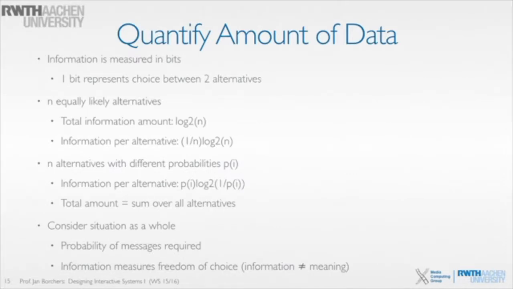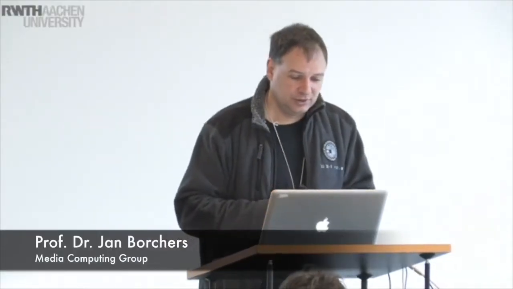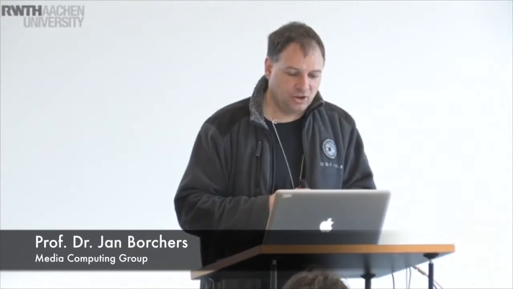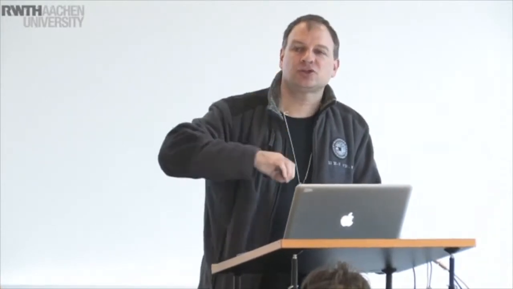Notice that we need to consider this situation as a whole, so we need to determine the probability of the different choices of the user that are going to happen. And we're not talking about meaning here, but simply about measuring the freedom of choice that I have to pick different alternatives.